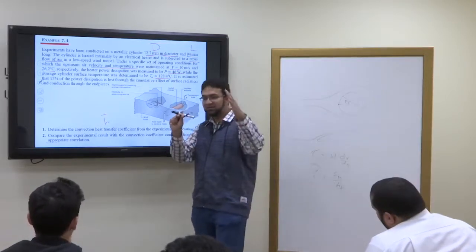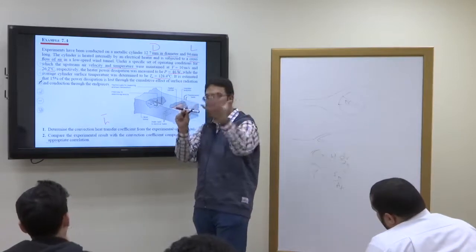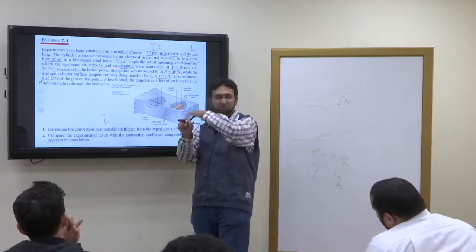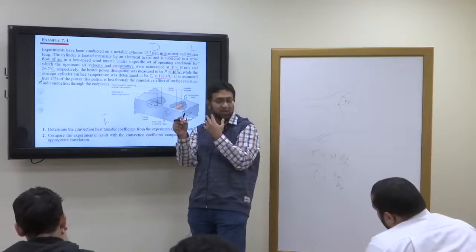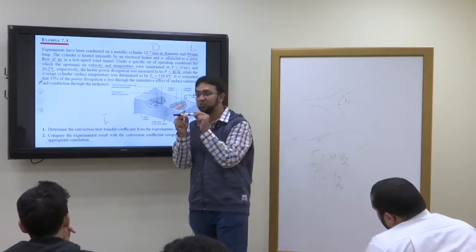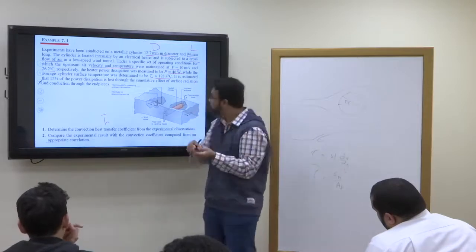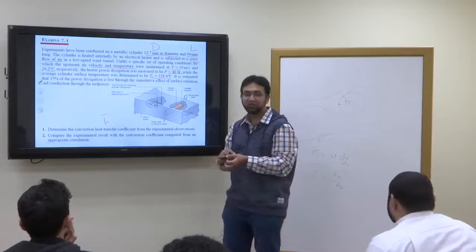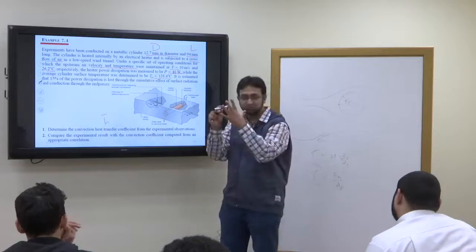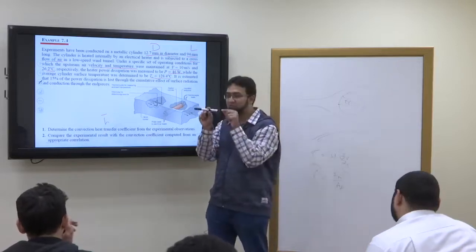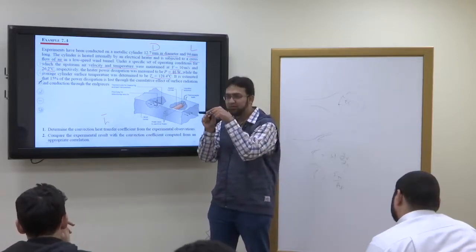Now inside the wind tunnel you make the air flow, so obviously heat transfer will occur. How much heat you are transferring, you know, because you are electrically transferring heat. You know that 46 watt of heat is being dissipated. This is the amount of electrical energy you are transferring inside.